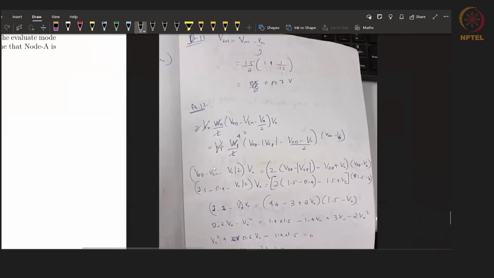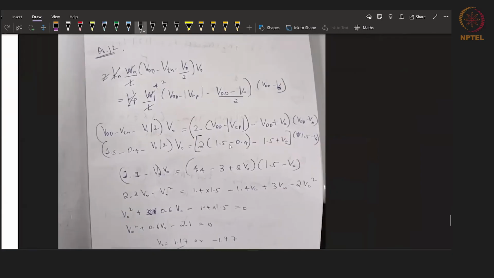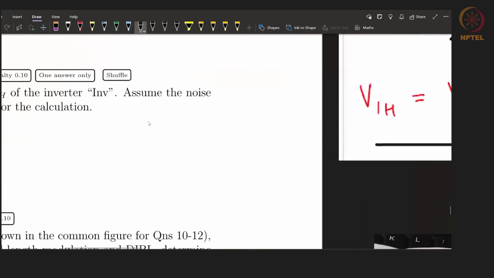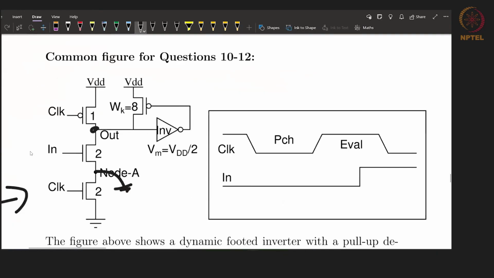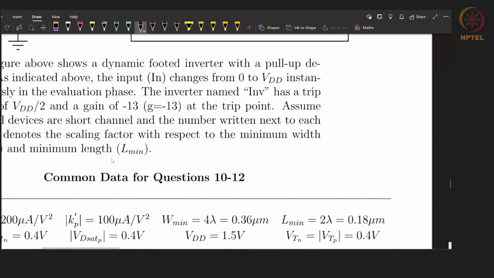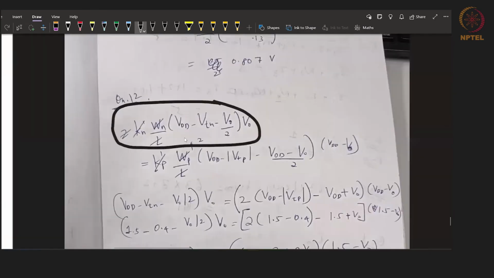So you're supposed to find out what is the value of out, right? So to find this out, you can write such an equation, where for the NMOS, which is pulling down, which is this NMOS, you can assume that you can write an equation where the Vs is 0 and Vg is VDD, and your Vs is 0, Vd is V naught.